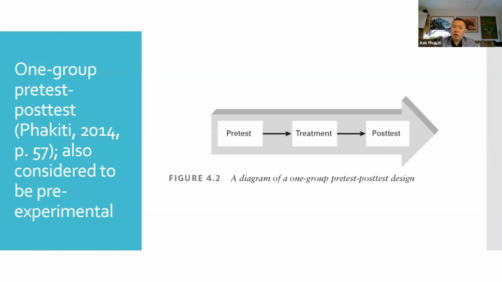You can have this so-called one group pre-test post-test design. So again, only one group. Yeah, one group, no control group. So you have a pre-test, give them the treatment or learning conditions, and then you observe in the end if they improve. So in this case, you compare pre-test and post-test performance.